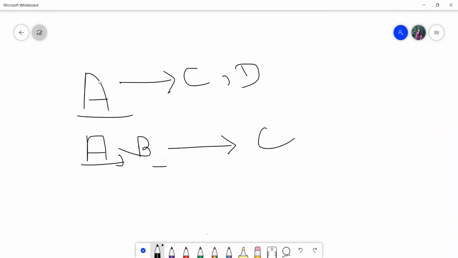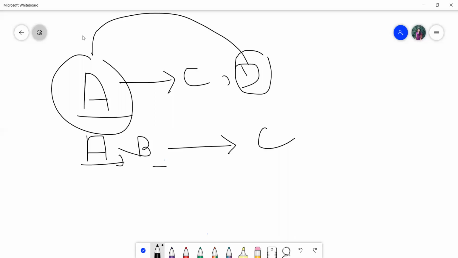A determines C and D. So D is functionally dependent on A. Is it clear? A can determine C and D. At that time, we can say D is functionally dependent on A. Is it clear?